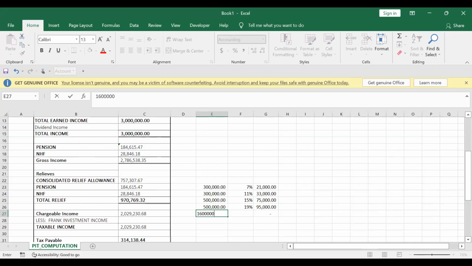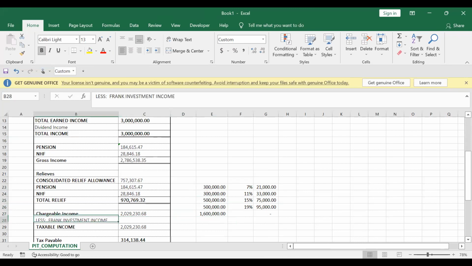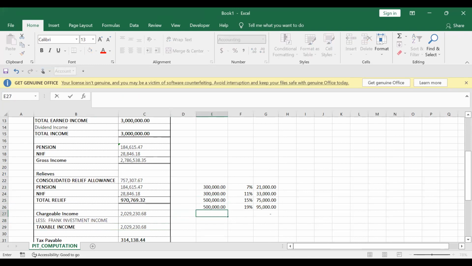If I put 1.6 here and I had everything together, it's already more than what I want to tax. So it means the next one cannot be 1.6. Rather, it will be the difference between 2,029,230.68 minus the sum of all these other ones.